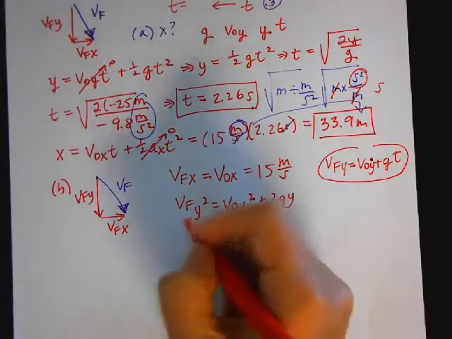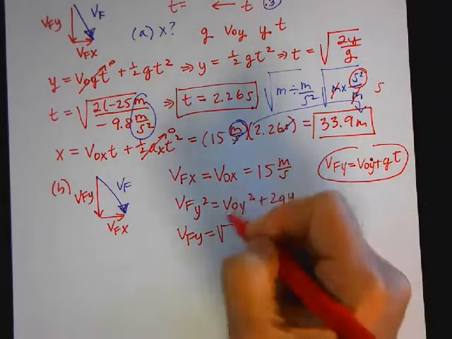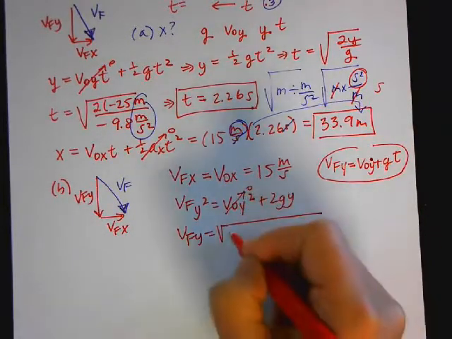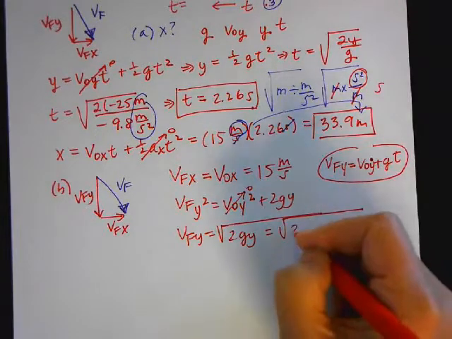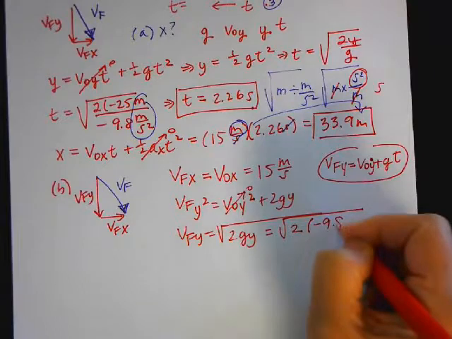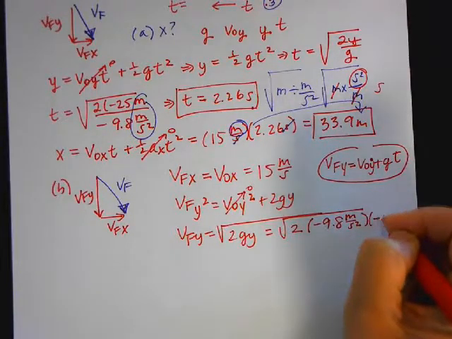So now I'm going to substitute in my values. v_fy is equal to the square root, this is 0, of 2gy, which is equal to the square root of 2 times negative 9.8 meters per second squared times negative 25 meters.